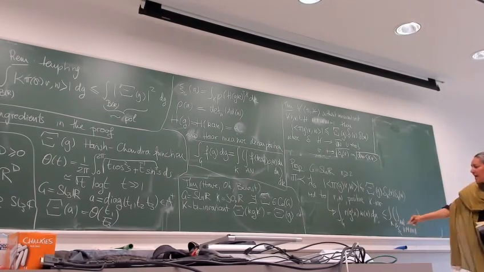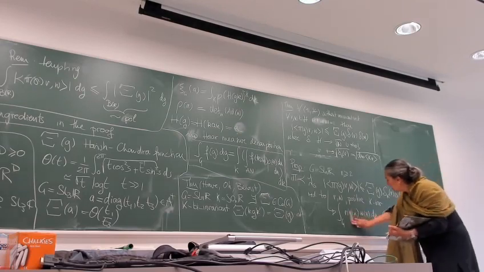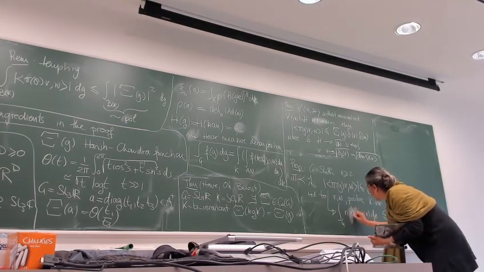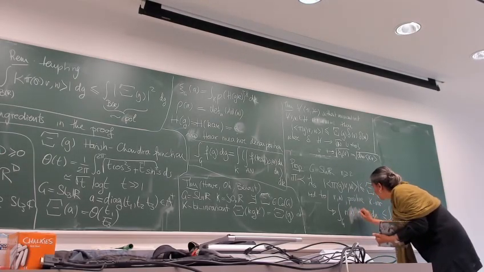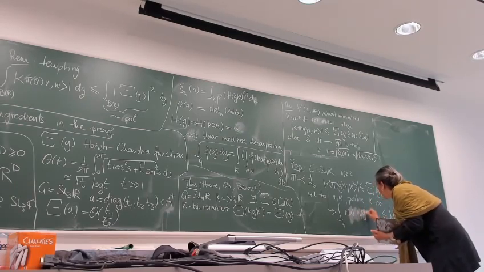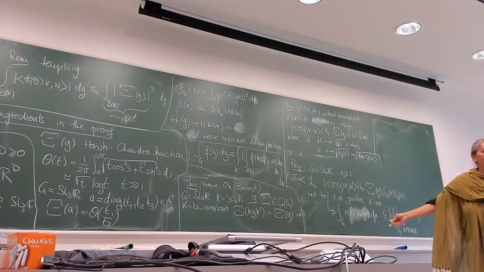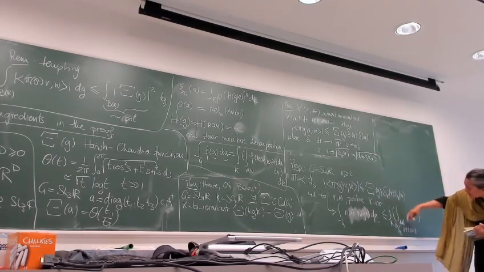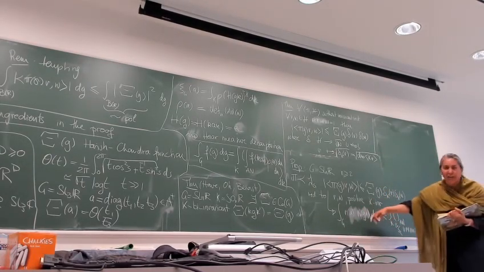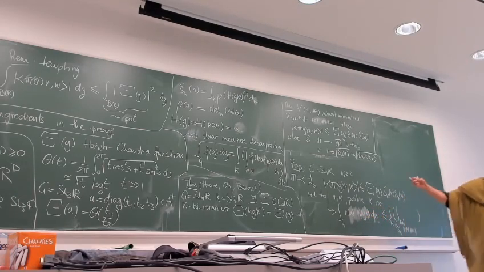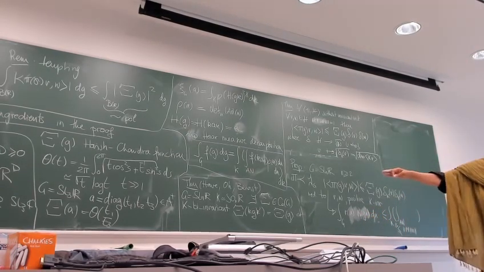Actually, you should do it like this: w of g inverse x, g x. You make some change of variable, and while you reassemble your thing, you get some kind of change of variable which makes your Harish-Chandra function pop out.